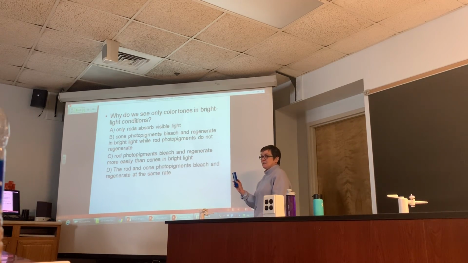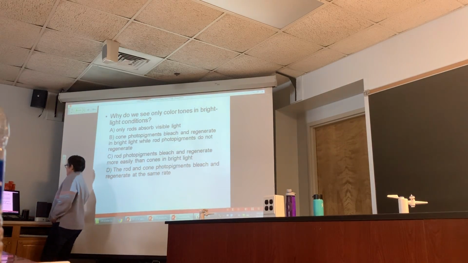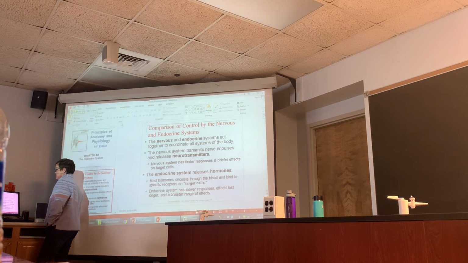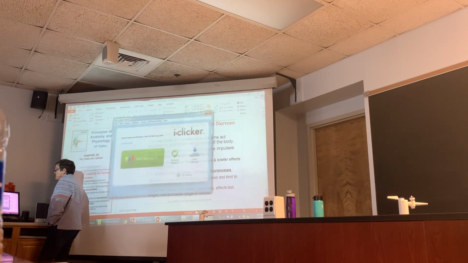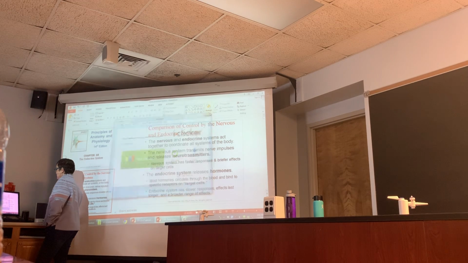Any questions about that? I thought I had a website up on my previous Blackboard shell, but it's not there. But I'm going to try to find a website about color vision and color blindness specifically, and I'll post that for you when I find it, because there are some good websites about that.